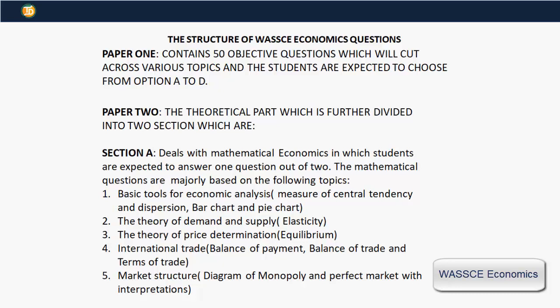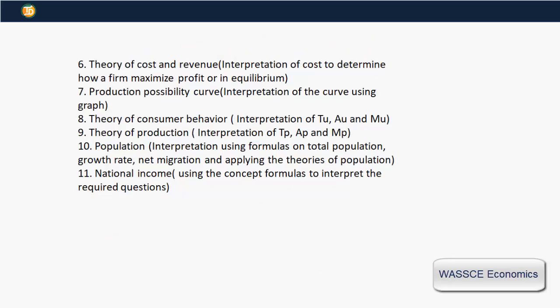The theory of price determination, which students are to focus on equilibrium. 4. International trade, in which the students are to focus on balance of payment, balance of trade, and terms of trade, also interpreting visible and invisible import and export in order to determine the balance on current account. 5. Market structure, diagram of monopoly and perfect market with interpretation.